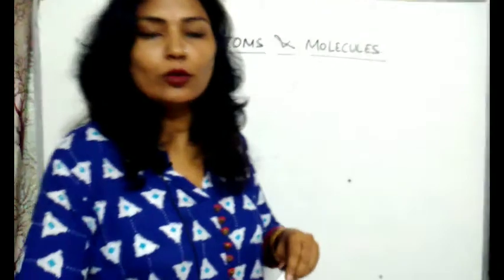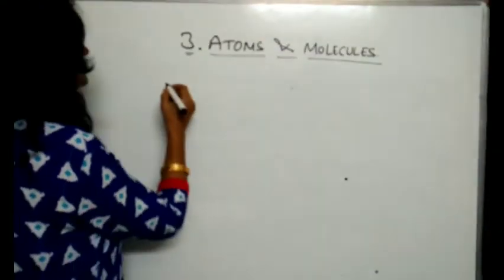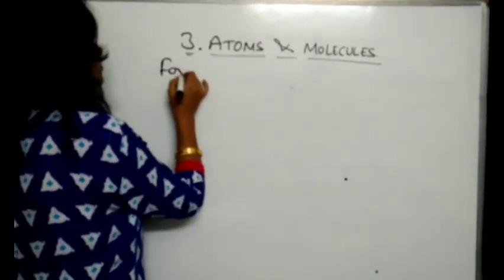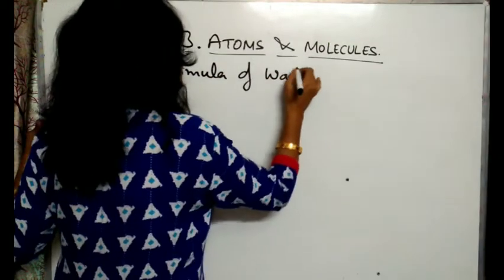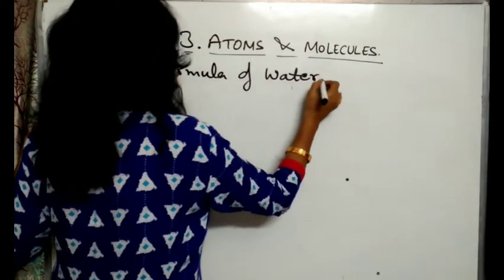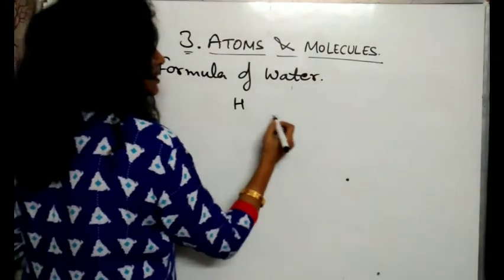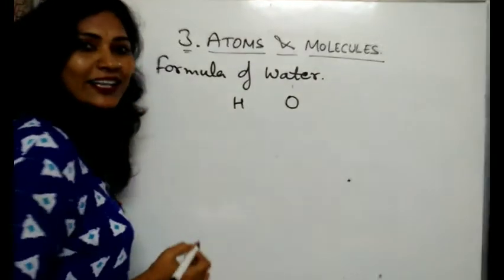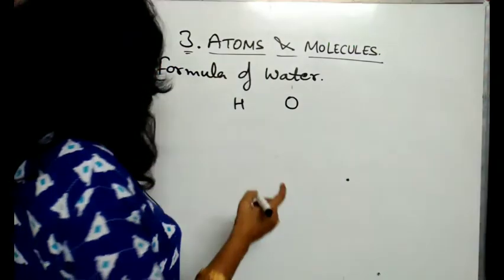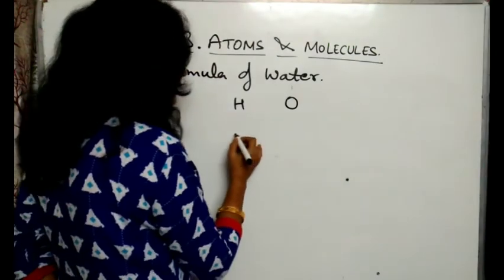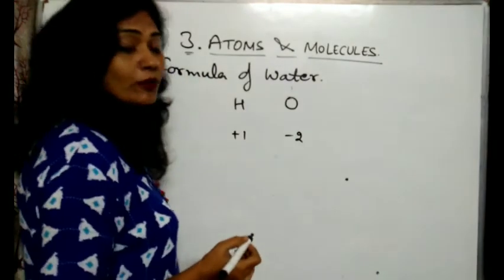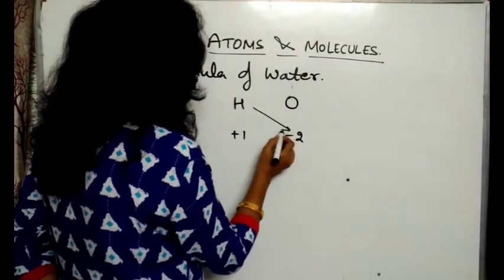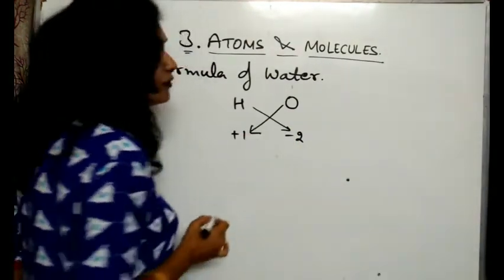We will write the formula of water. Water contains H and O. H is positive and O is negative. The valency of H is +1 and the valency of O is -2. Now what will we do? We will cross the valency.